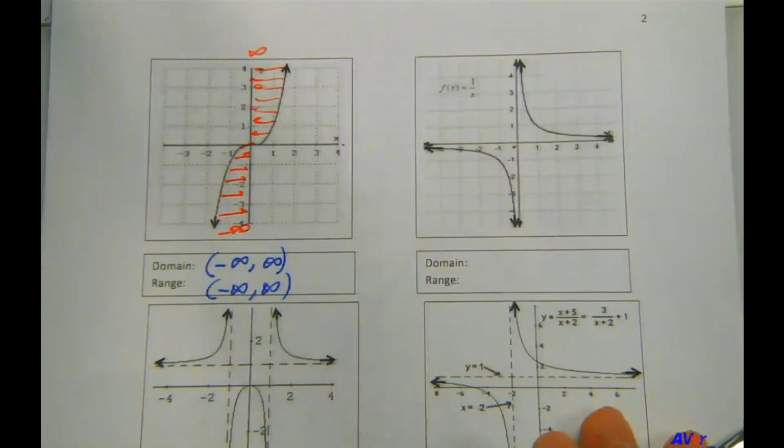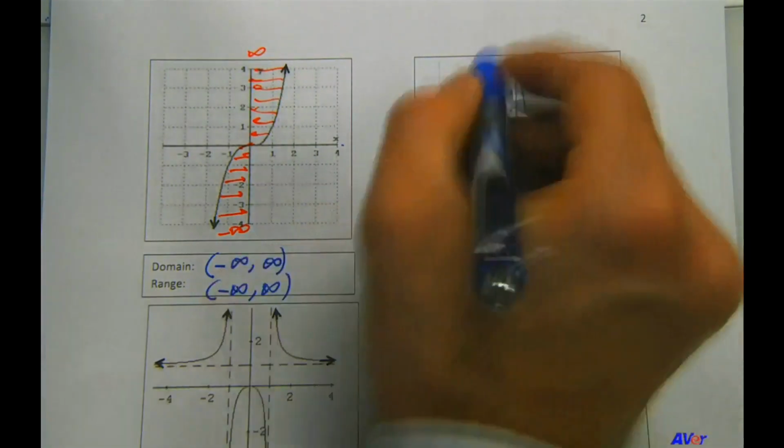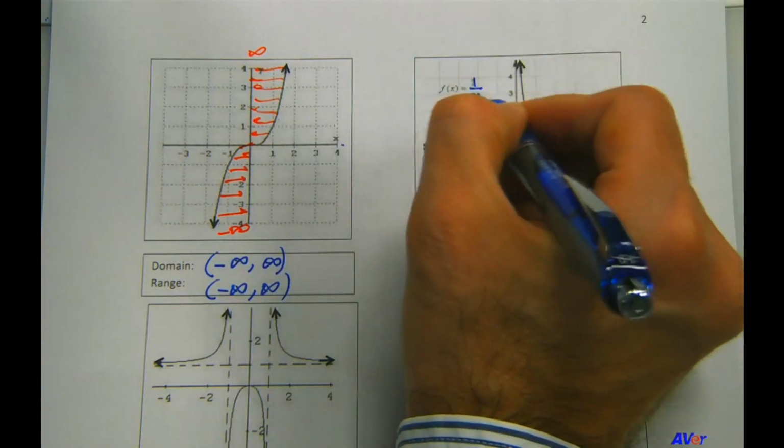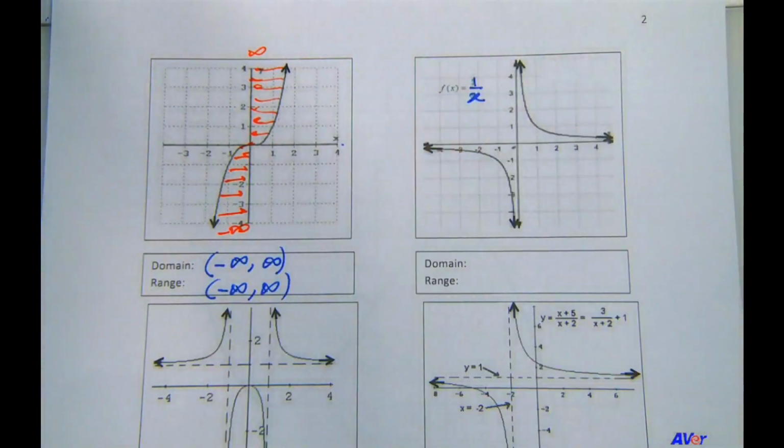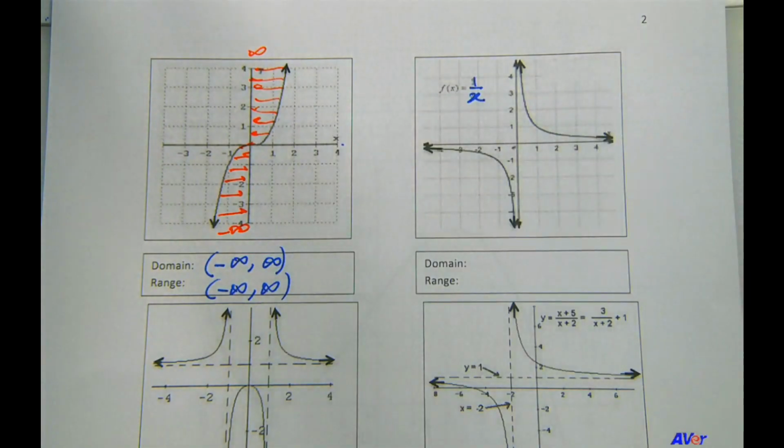This next one is an interesting one, and it's the graph of the function 1 over x. So there are two pieces, not one. Whenever you have more than one piece in a graph, you have to use the symbol union to write the domain and range for the different pieces.